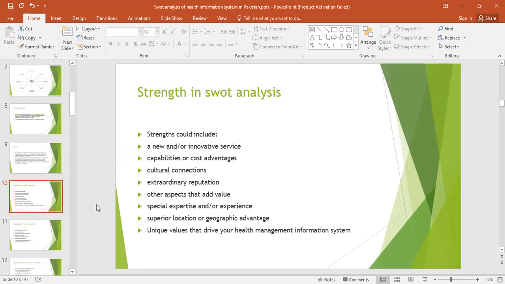Basically, there are 4 things that are analyzed in the SWOT analysis. Number 1 is strengths, then weaknesses, and then come the opportunities and threats.